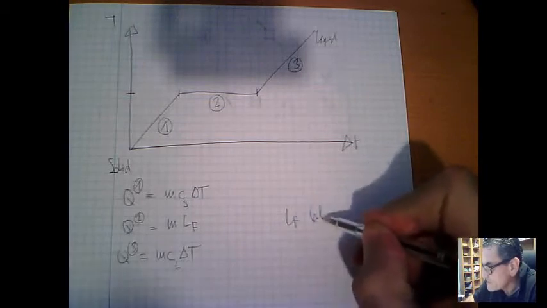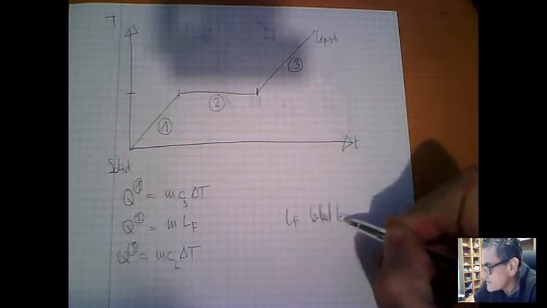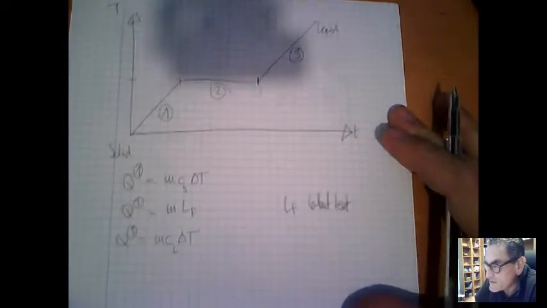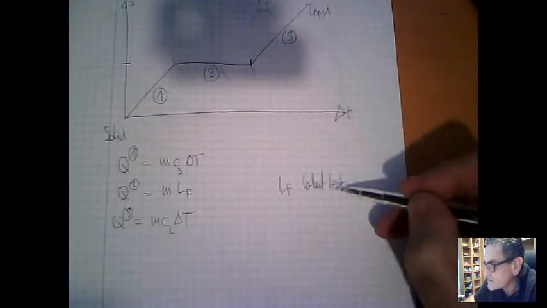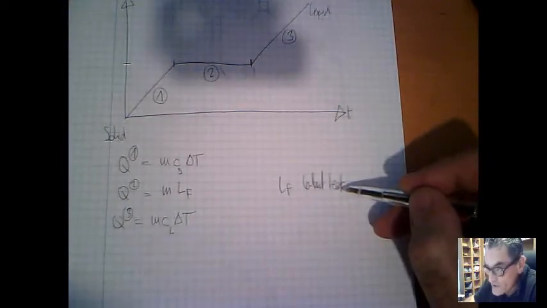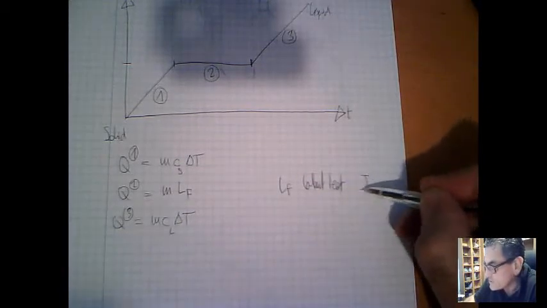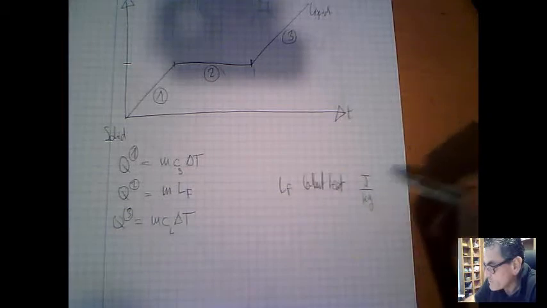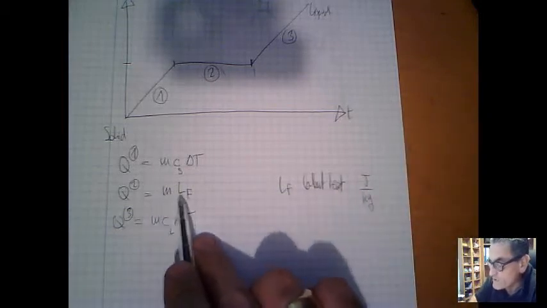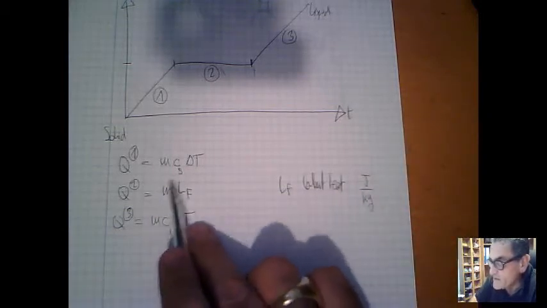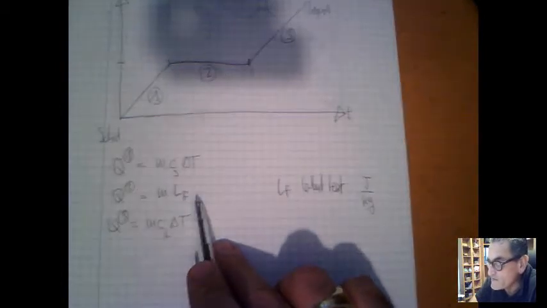LF is the latent heat. And the latent heat is the quantity of heat that is necessary to change the state for 1 kilo of the substance. So this is in joule per kilogram. This is why we multiply just with the mass. Here we don't have a delta T factor.